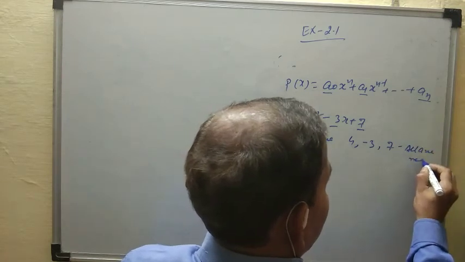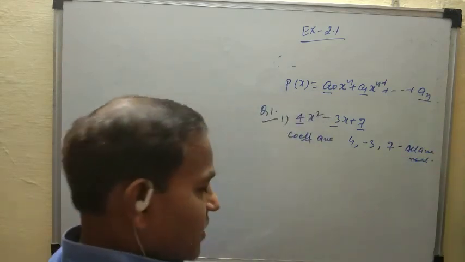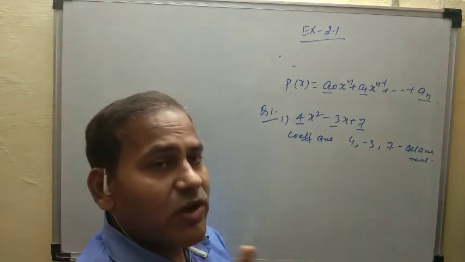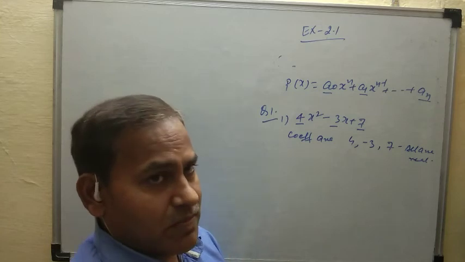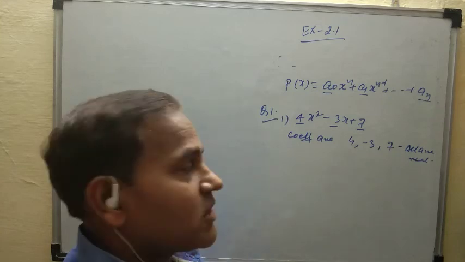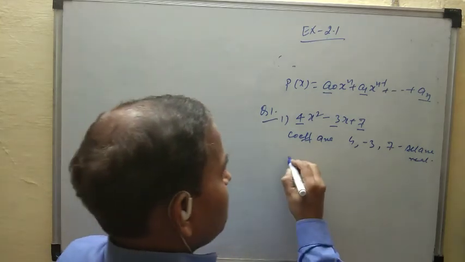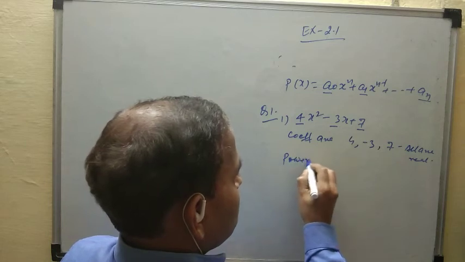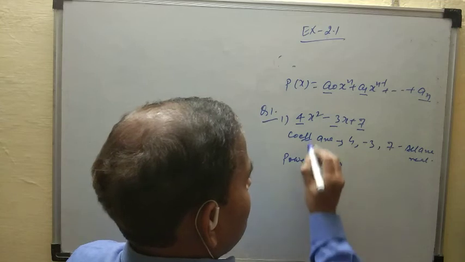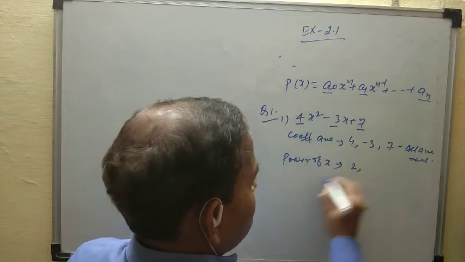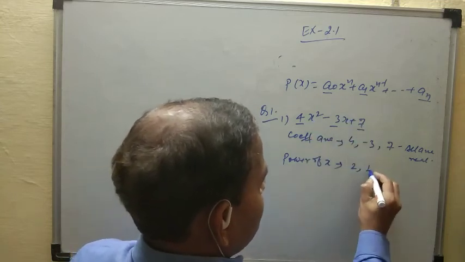Next, check that the power of the variable term should be a whole number. What is the power of the variable term? So power of x. Here power of x is 2. Here power of x is 1.